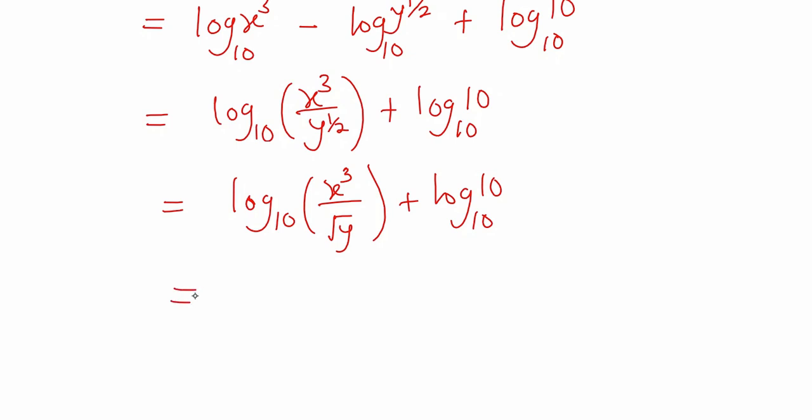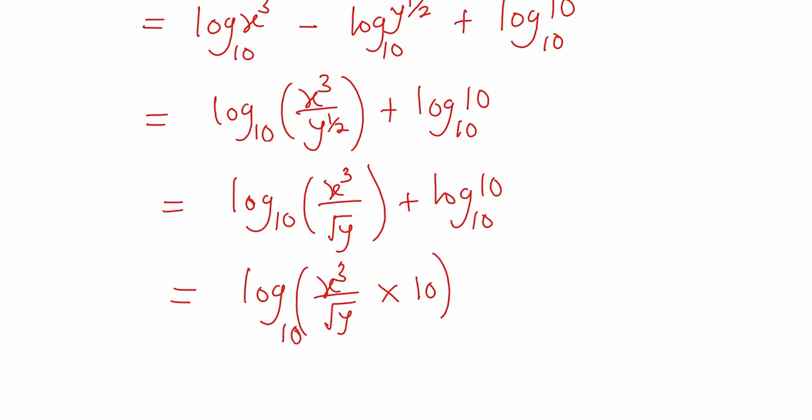Now, further reducing this, they all have the same base, and they are being added, which means you can write it as a single logarithm by multiplying the argument. That is the logarithm of x cubed divided by square root of y, multiplied by 10. They all have the same base 10.